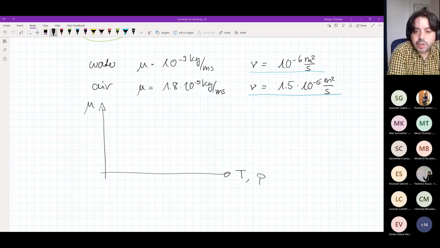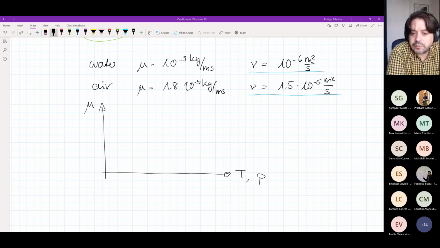I put up the question as a poll. So what do you think? How does the temperature dependence look? The options are: it goes up with temperature for both liquids and gases, or goes down with temperature for both liquids and gases, or the viscosity goes up for gases and goes down for liquids.